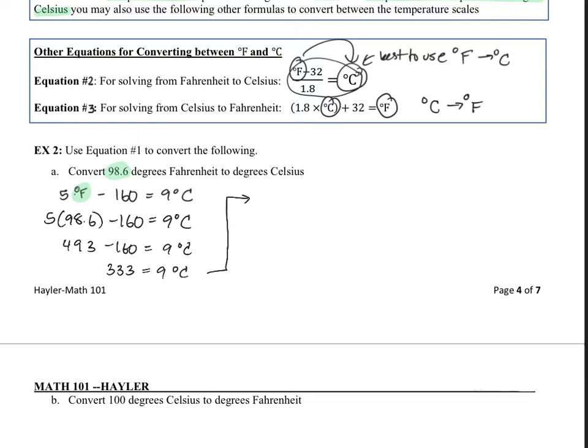Carrying on over here. Okay, let's go ahead and divide by 9 to get the degrees Celsius by itself. Is 37. All right. And there we go.